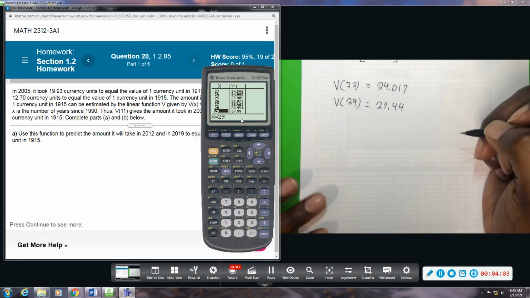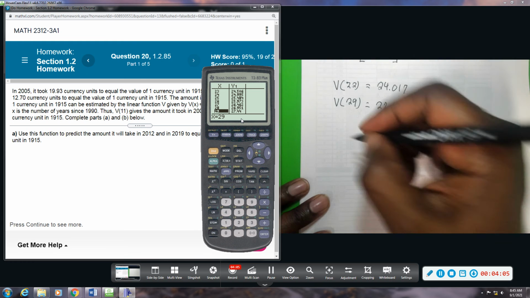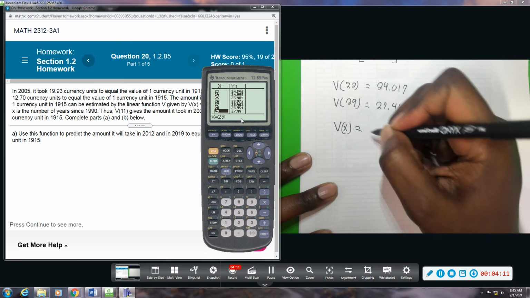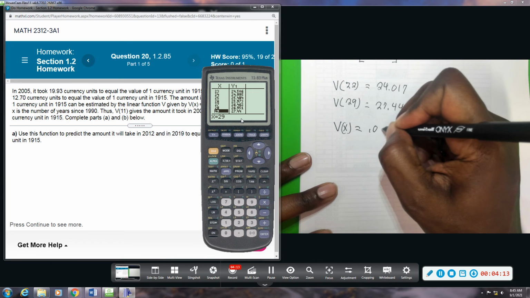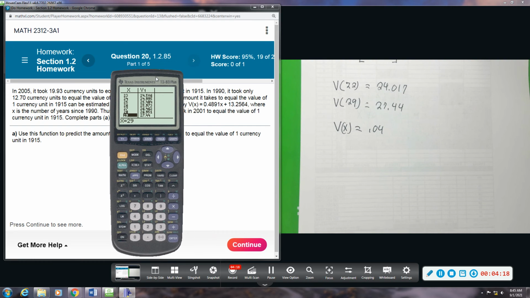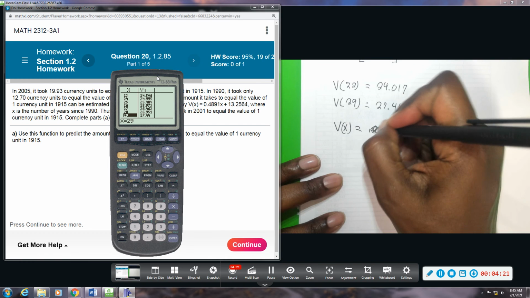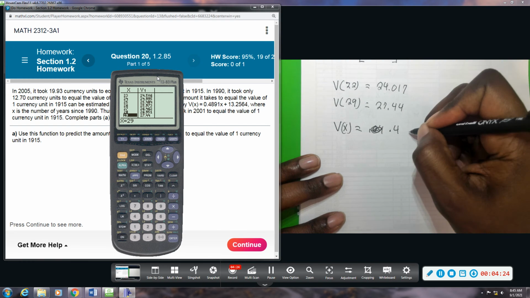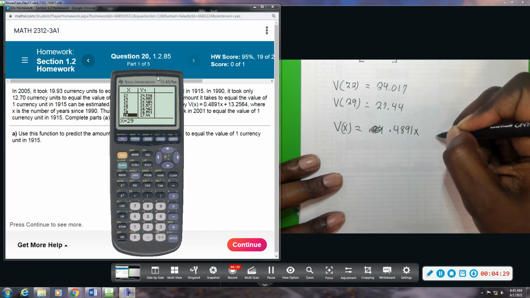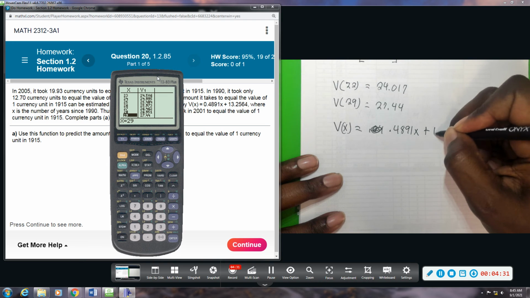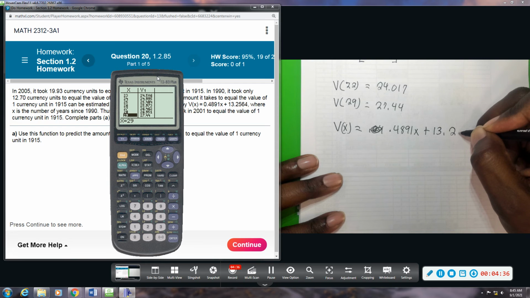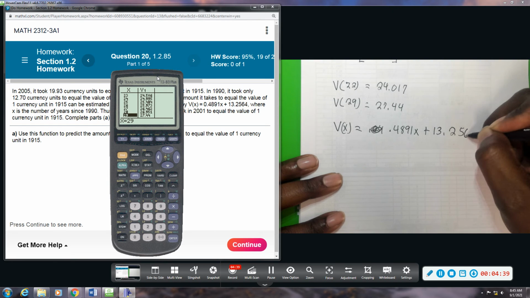Okay, by hand, what we're doing is using the equation that they gave us. V(x) equals 0.4891x plus 13.2564.